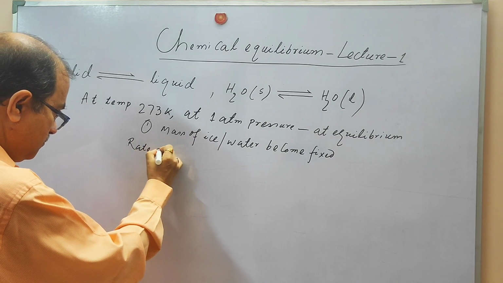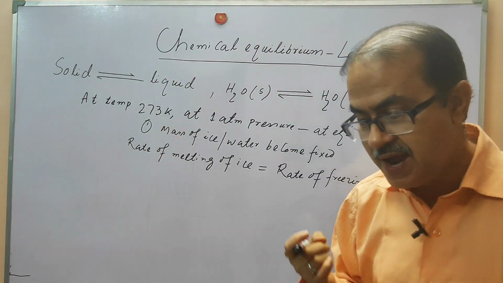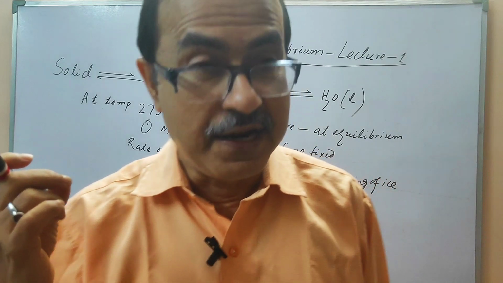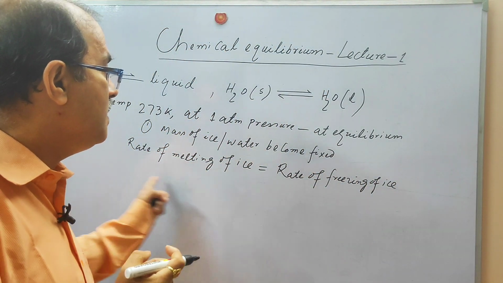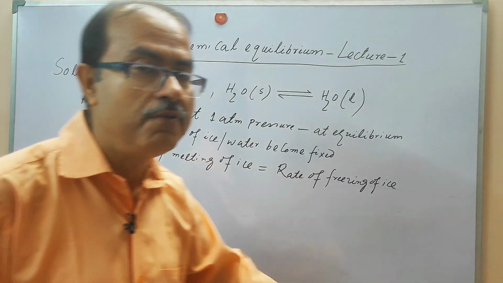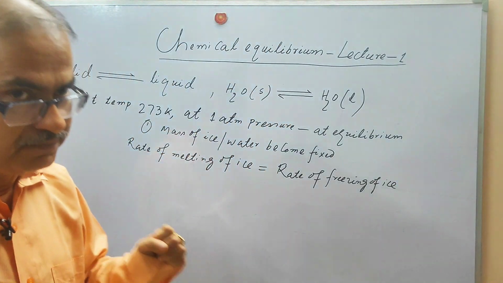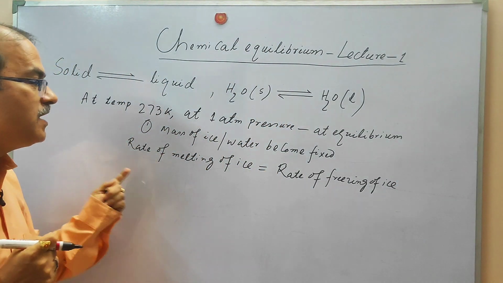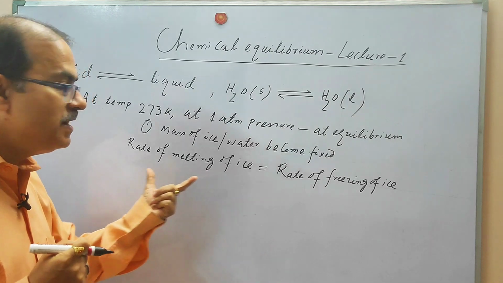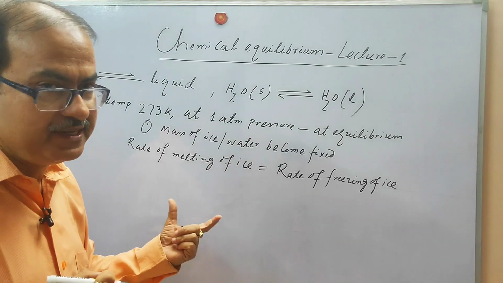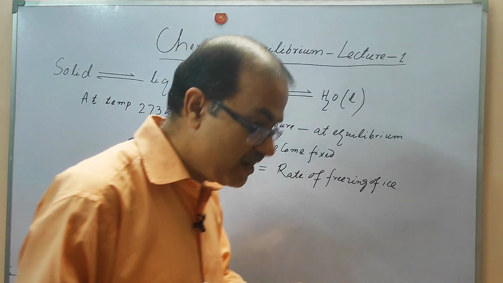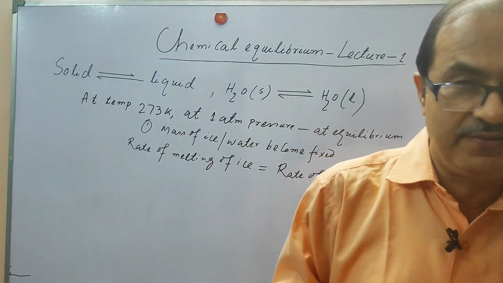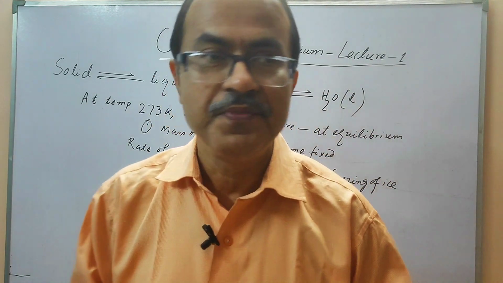The rate of melting and the rate of freezing of the ice become constant. So there is no net melting or no net freezing. That is why the amounts became constant. The reason is this.